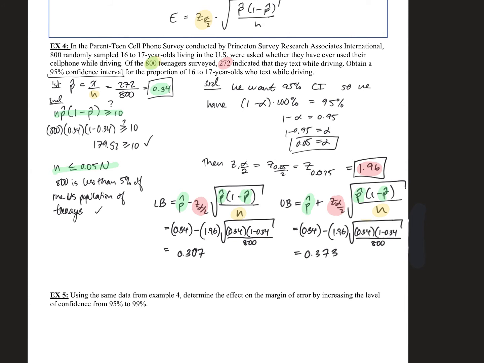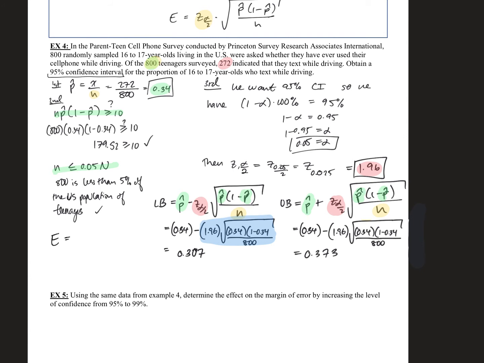Well, actually, first off, we do want the margin of error. And the margin of error, if you notice in the formula, is actually just this portion. So the margin of error, E, when you calculate that out, let me write this on the side.